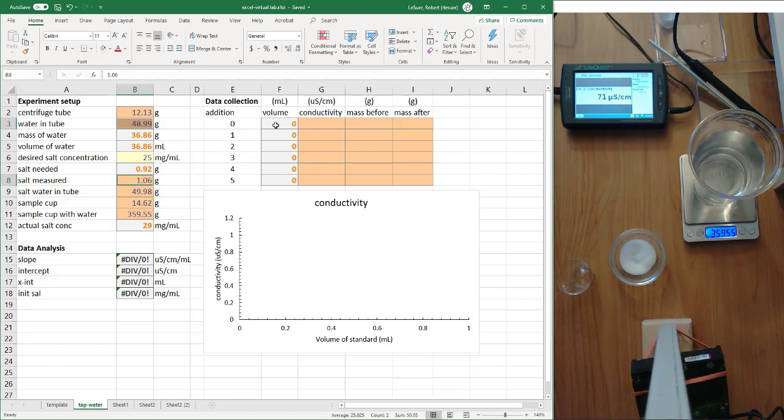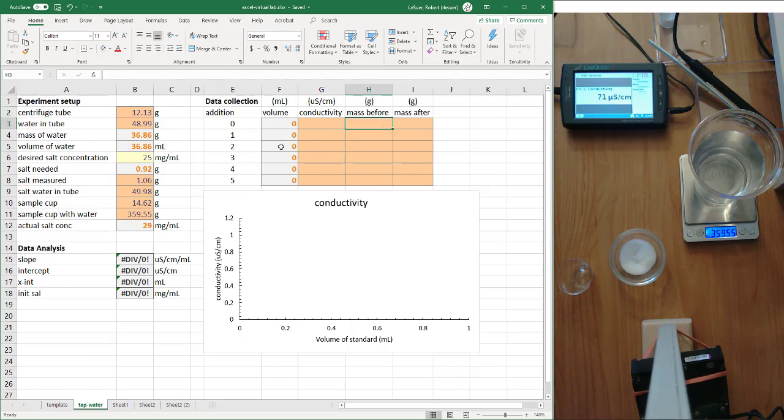So what we're going to do, since we can't measure volume precisely, but we can measure mass precisely, I'm going to measure the mass both before and after I make a conductivity measurement. From that information, I'll be able to determine two things.